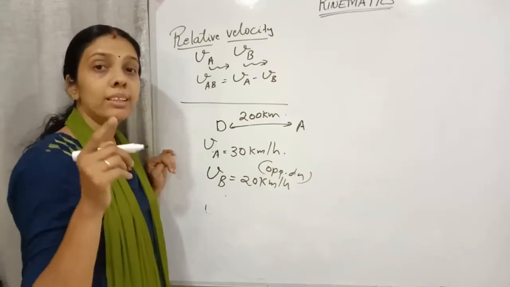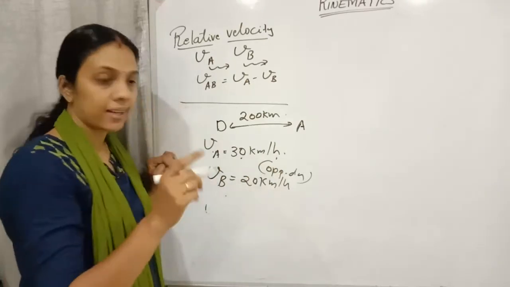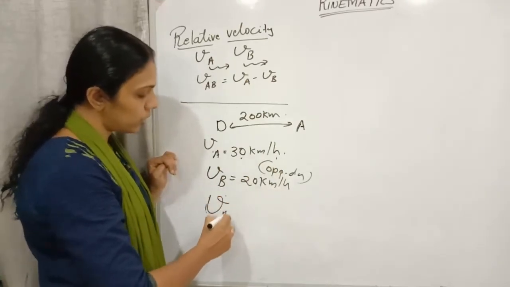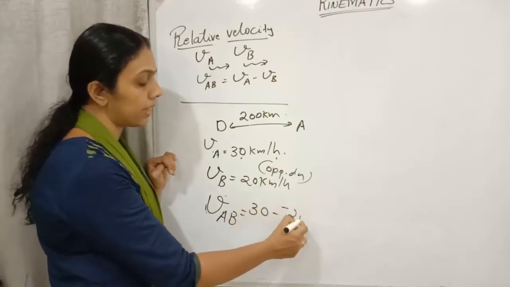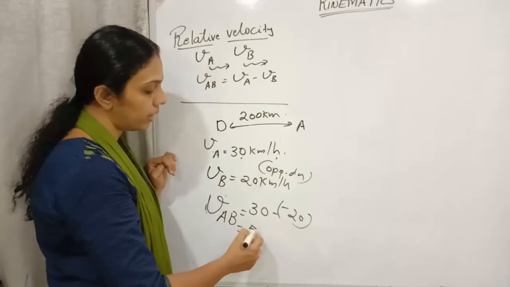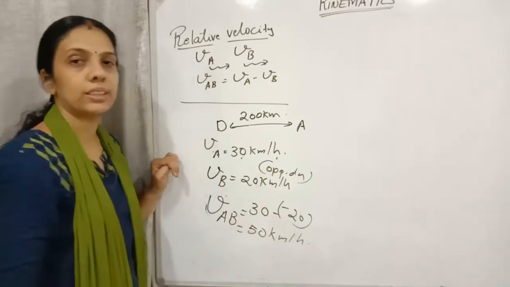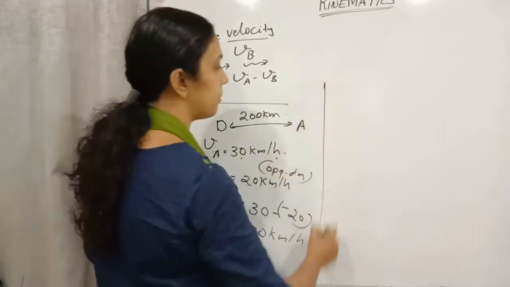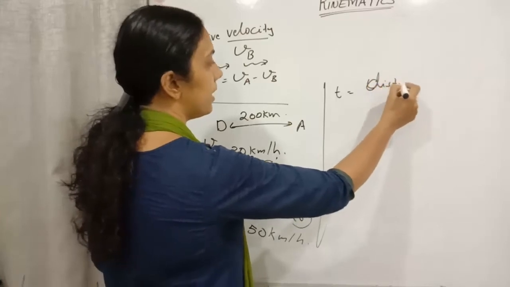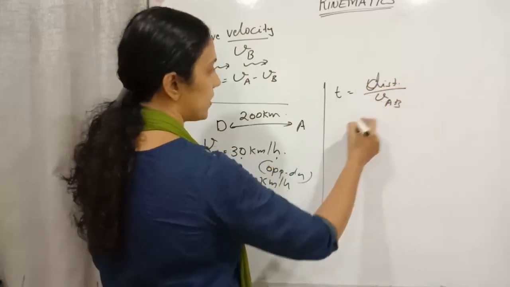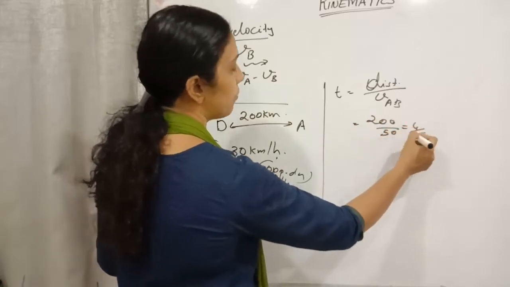Velocity will be the relative velocity. Here one is moving in one direction, other just exactly opposite. So relative velocity of A with respect to B will be equal to 30 plus 20. So it is 50 km per hour. Now we got the relative velocity. Then we can find out the time, right? Time will be equal to distance travelled divided by relative velocity. Distance travelled is 200. 200 divided by 50, it is 4 seconds.